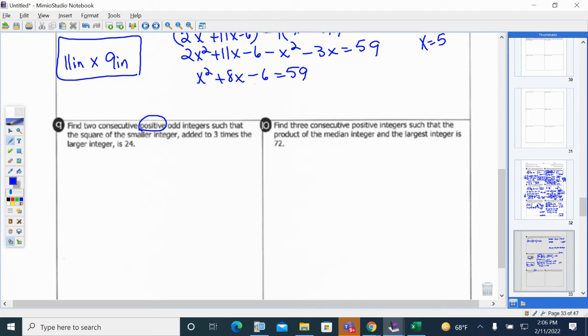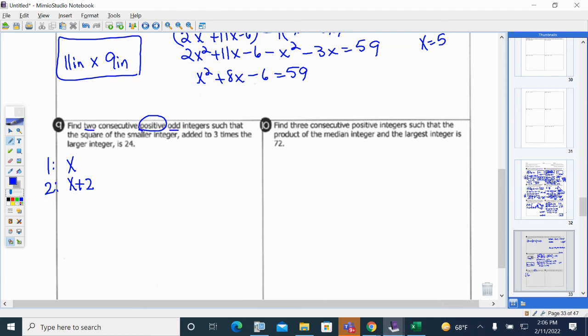Two consecutive odd. So remember that when we were talking about consecutive odd or consecutive even, we set it up the same. The first one is always x. The next one is x plus 2. So I am only trying to find 2. And there they are. I set up the first one and the second one.